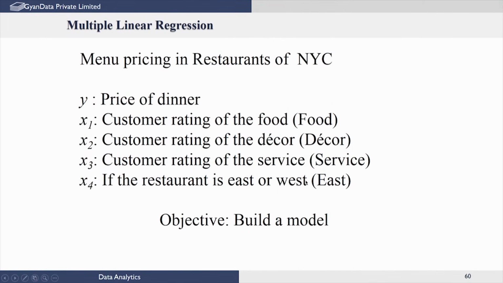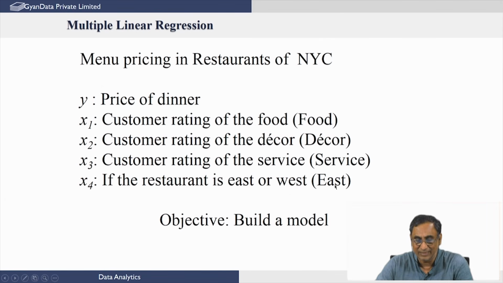Typically in New York, the west side is probably a little poorer, whereas the east side is probably a little richer neighborhood. So, the location of the restaurant would also have an effect on the price.